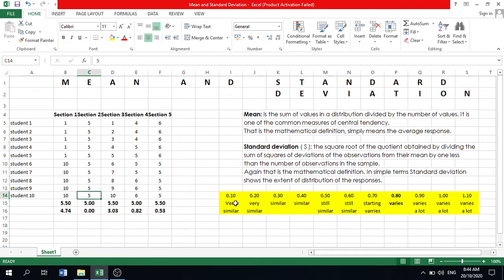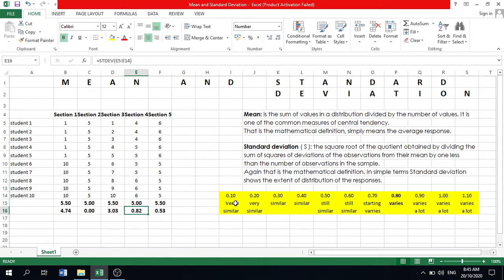And here in section 2, they all got the score of 5. That means they have the same responses. And we have section 3, that's 1, 2, 3, 4, 5, 6, 7, 8, 9, 10. The average is 5.5, and the standard deviation shows the scores vary a lot from each other.